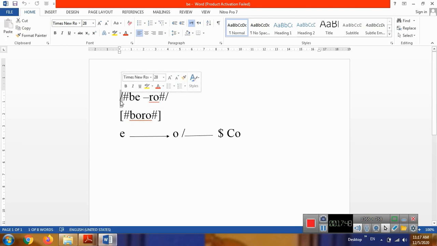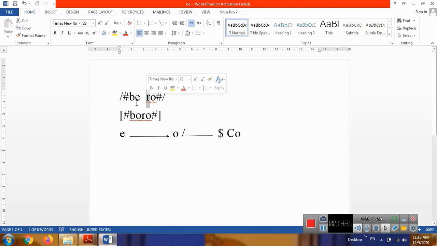At first I draw a slash, and after that a word boundary symbol, then the prefix b and the root ro, and then another word boundary symbol and the slash. This beru changes to buru because of the vowel harmony which happens between these two vowels.